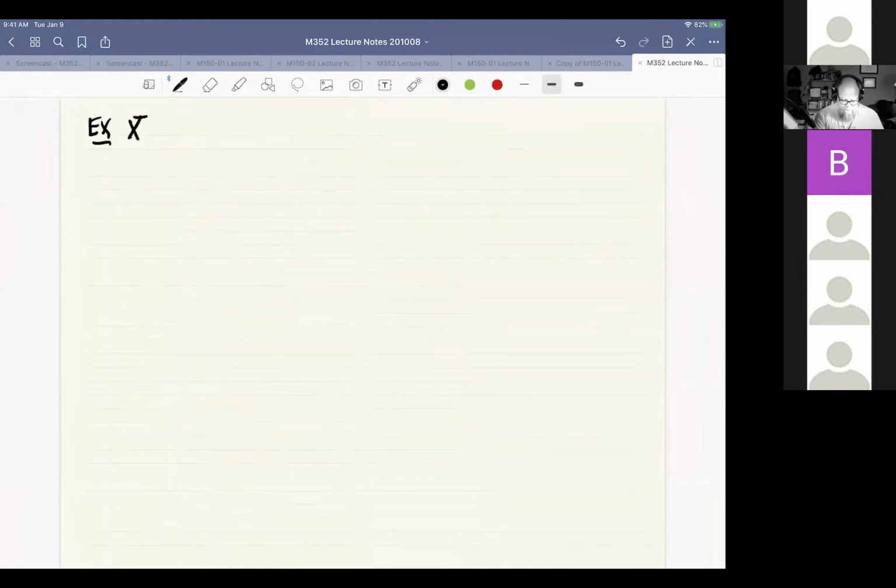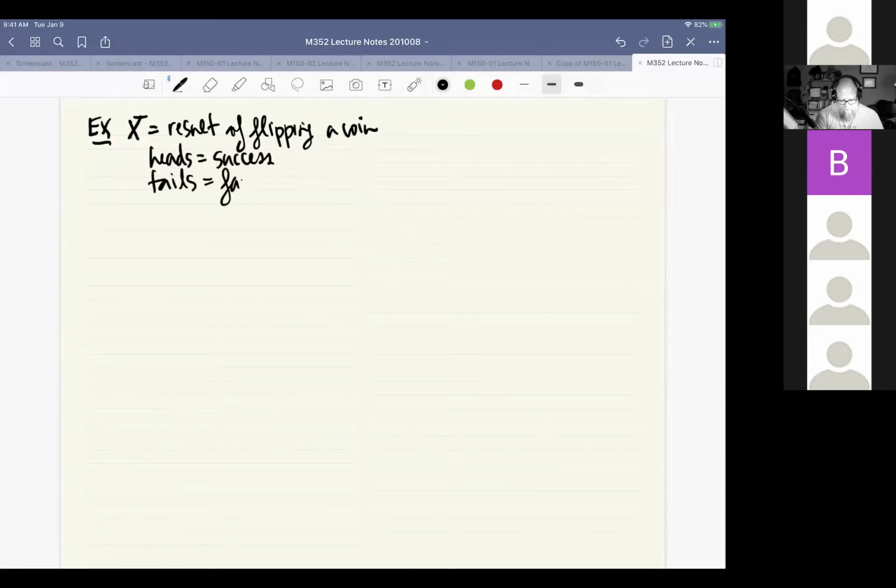So if X is the result of flipping a coin, and then if we say heads is success and tails is failure, that's an example. This is an example of a Bernoulli trial, flipping a single coin.